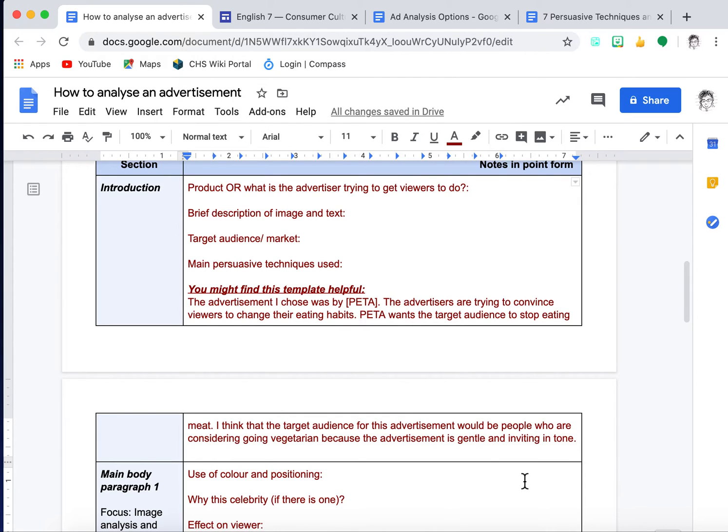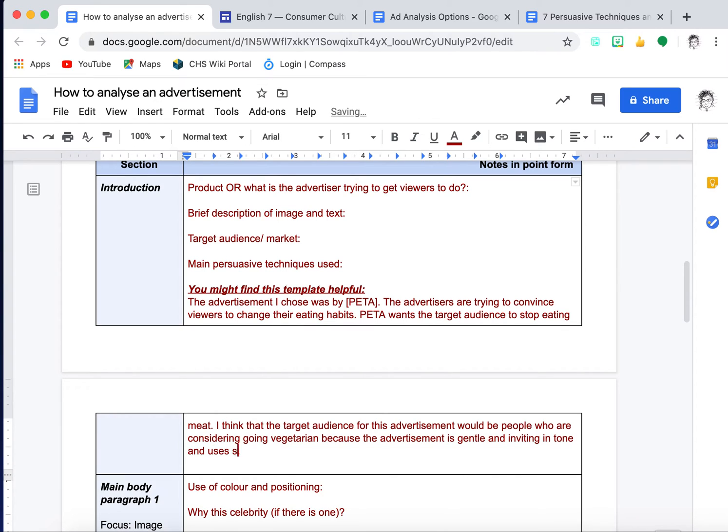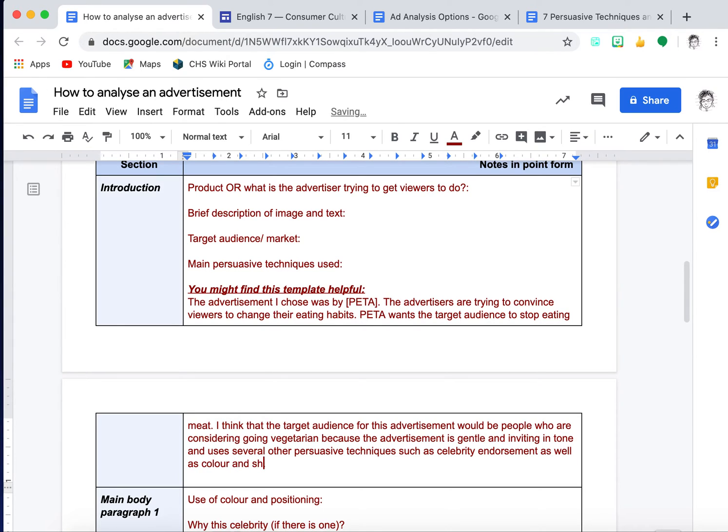You could say, the advertisement is gentle and inviting in tone and uses several other persuasive techniques such as celebrity endorsement as well as colour and shape. So you've now flagged a few persuasive techniques. We've talked about the target audience and market. We probably could actually flesh out our description of the image and the text a little bit more.